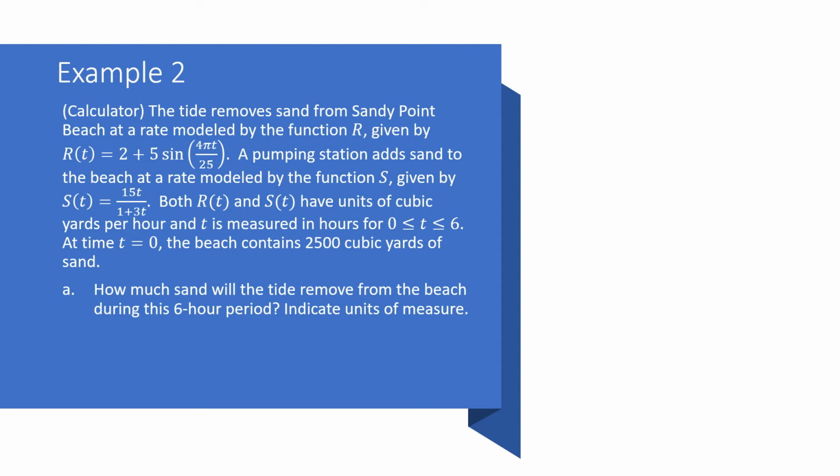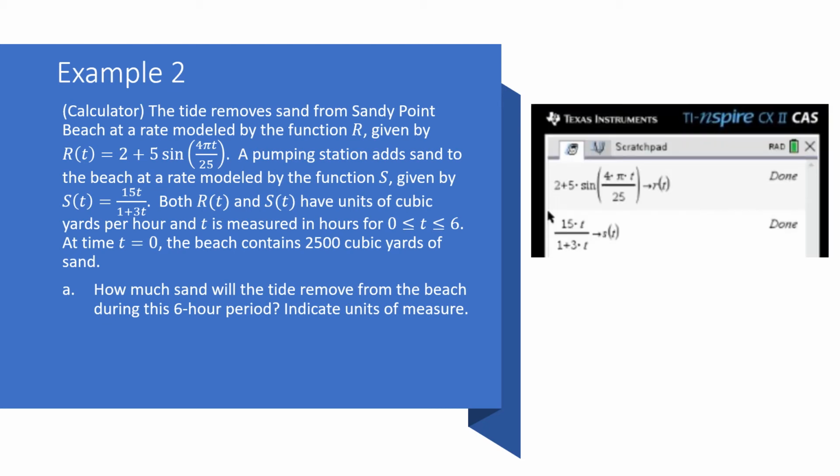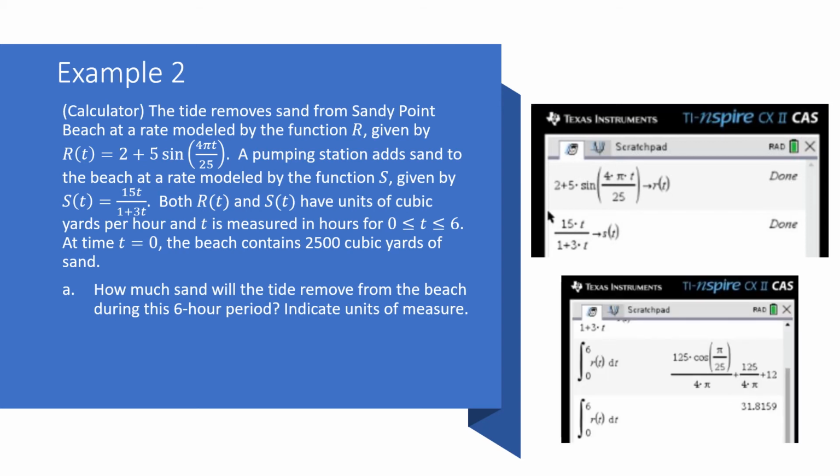So part A says how much sand will the tide remove from the beach during this 6-hour period. So again, I need to use the function that's discussing removing sand, and if you look, that is your R of t. I'm going to store my R of t and my S of t like I did last time. Then I'm going to integrate R of t from 0 to 6, since they want to know how much is actually being removed from t equals 0 to t equals 6.